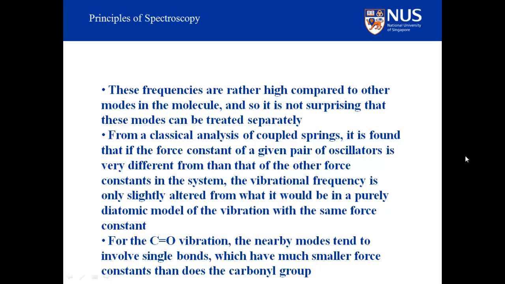Similarly, we can consider a carbonyl bond, and that is a particular group vibration you can identify very easily in an infrared spectrum. This forms a group vibration because it will have a significantly different frequency from the surrounding system, not least because the other bonds that are nearby are usually single bonds, which are going to have much smaller force constants.